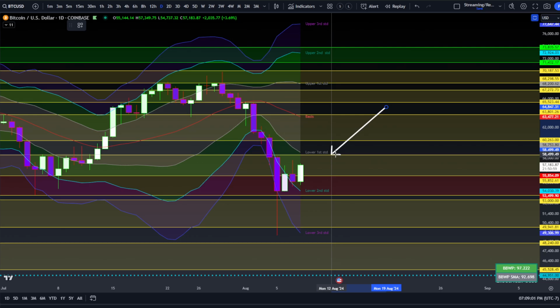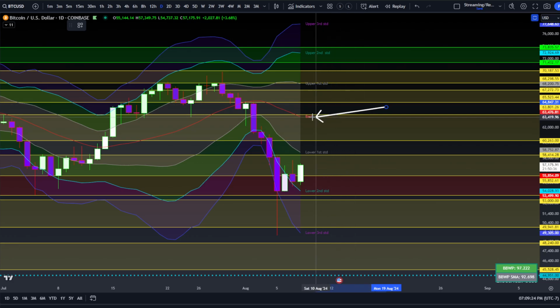I would say, again, right where that overhead area is that I pointed out, the top side of this risk zone at 58,400. That would essentially raise the target to that lower first and above to that 60,000, 2 to 300, and to the basis there at 63,800.